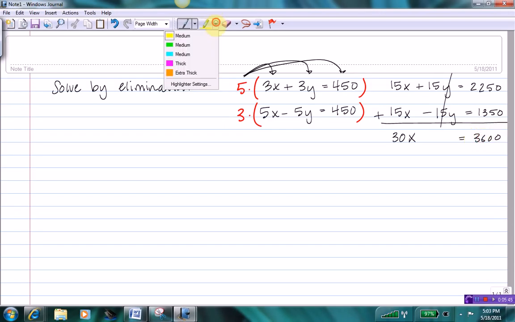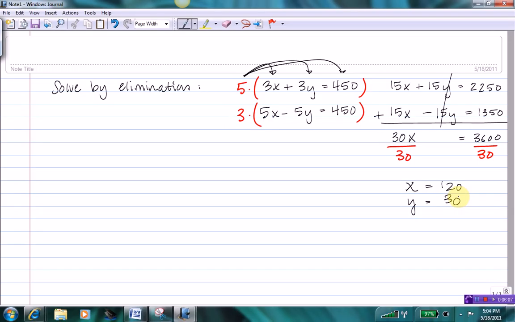So I can now solve for x by dividing each piece by 30, and I get a result of x equals 120. And then when I plug x equals 120 back into either one of these equations, I get a result of y equals 30.